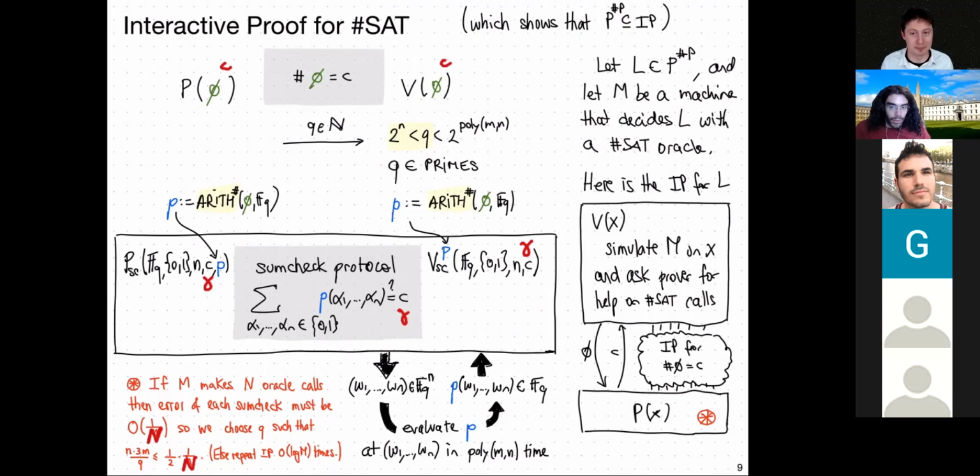But here, we were starting with something that we didn't know had an interactive proof, P to the #P, and we're constructing one. If you start with P to the IP and connect it to IP, it's a more local connection about interactive proofs. But yes, I agree, P to the IP is in IP. And more generally, if you have a machine with an oracle and you can implement the oracle with an interactive proof, then you can lay it out as some big interactive proof.